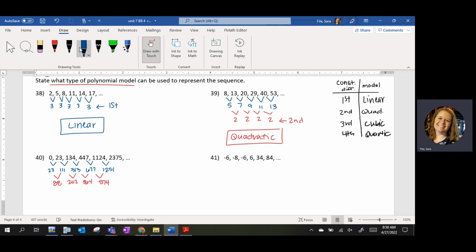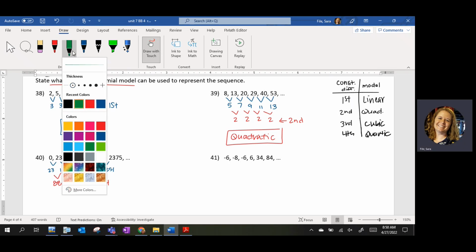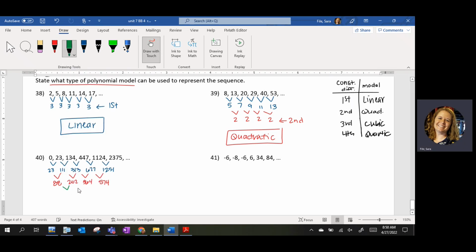Still not the same. So I will try a third difference. So 202 minus 88 is 114. 364 minus 202 is 162. And 574 minus 364 is 210. Still not the same.